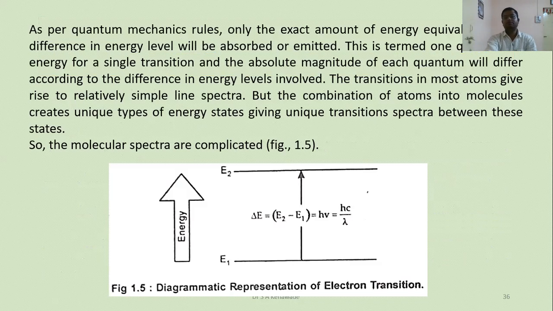As per quantum mechanics, only the exact amount of energy equivalent to the difference in energy levels will be absorbed or emitted. This is termed one quantum of energy for a single transition, and the absolute magnitude of each quantum will differ according to the difference in energy level. Here is the energy level E1 and here is the energy level E2.